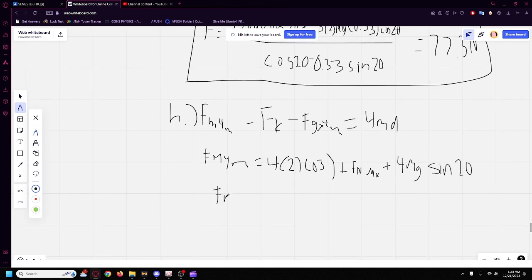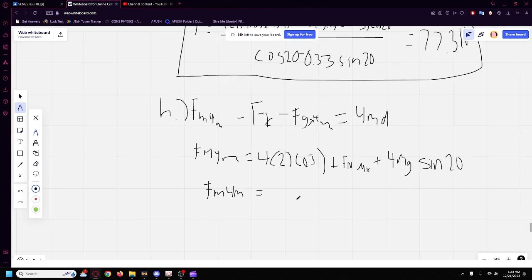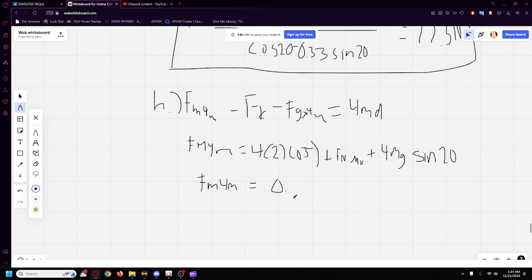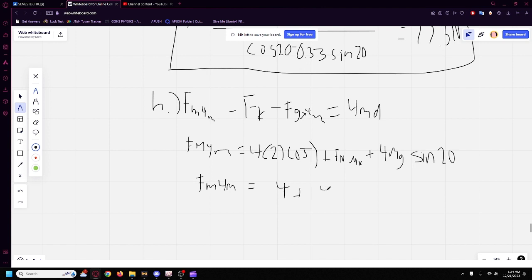So F_M4M is equal to, oh wait, no, it's equal to 4 plus F_M is the same thing as 4mg cosine 20 times 0.33.